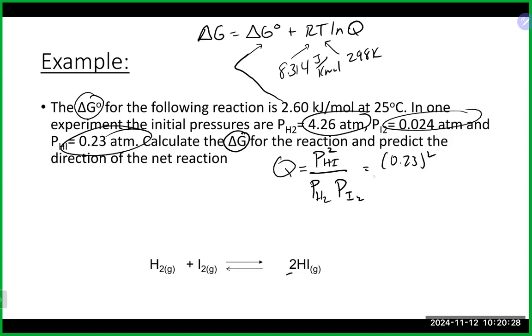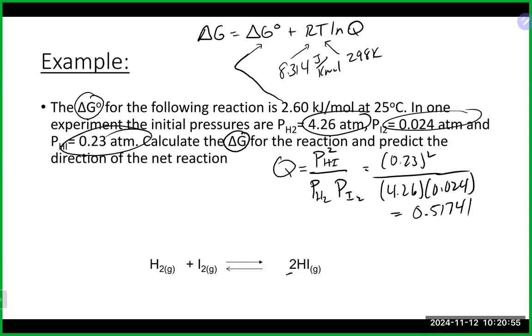We'll put in our numbers: 0.23 squared divided by 4.26 times 0.024. That gives us a Q value of something like 0.5174. Take it to a couple of digits, maybe.